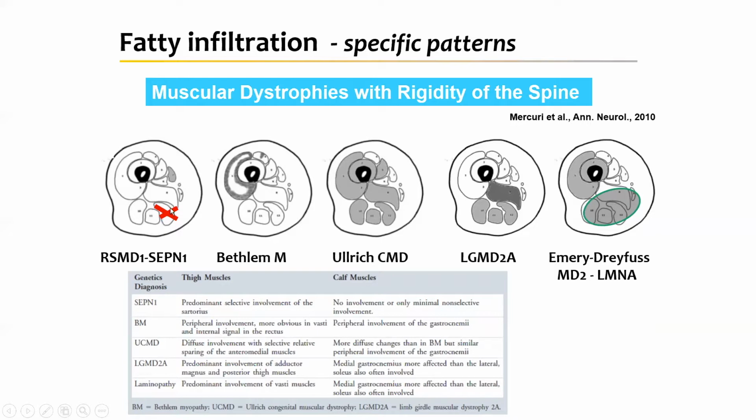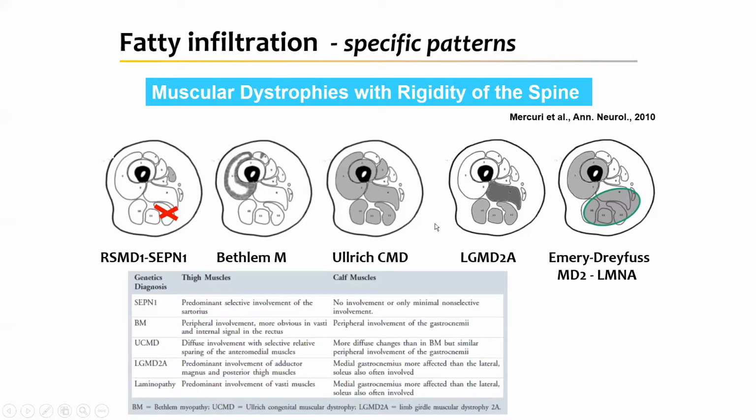And also, though it was not noticed initially, if the semimembranosus is very much atrophic or even possibly absent, this is a strong argument in favor of selenopathy. For collagenopathy, and we'll see that a little bit later, there's some sort of specific intramuscular involvement that gives you, with a very high probability, the diagnosis.